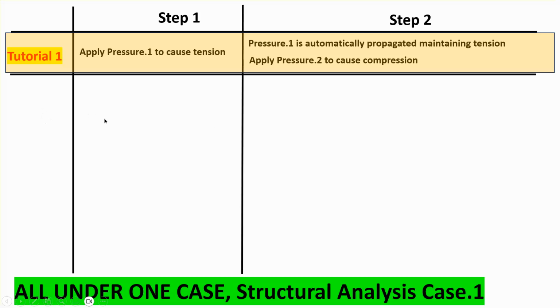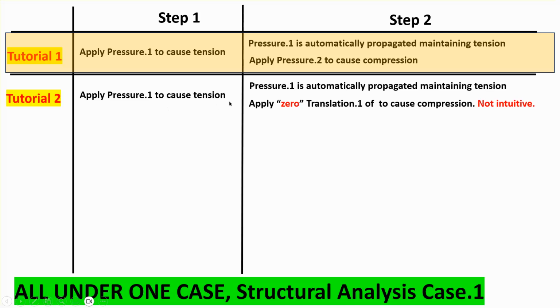Let me show you what tutorial 2 is going to be. Again, I apply a pressure on the right-hand side, 3000 psi, to extend it. And then in step 2, I will let this pressure propagate just like in tutorial 1, but I will apply a displacement to that end that has moved, and the value of that displacement will be zero.